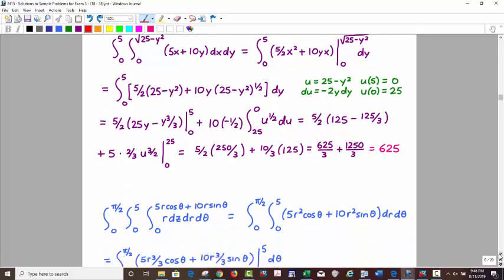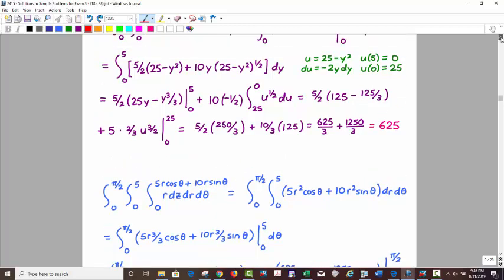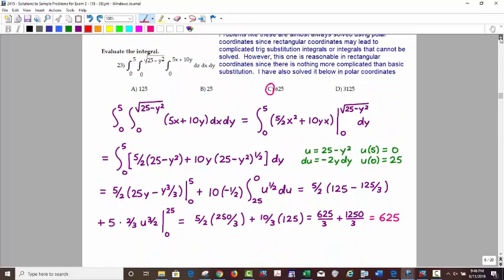And then here it is in cylindrical coordinates. Cylindrical coordinates, remember, are just polar with a z. So instead of r dr d theta, it's r dz dr d theta, but it's the same kind of concept. So x and y have to be written as r cos theta, r sine theta. Now how do I know it's 0 to pi over 2?